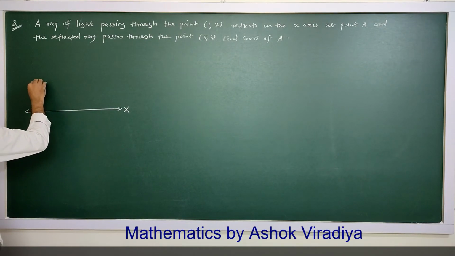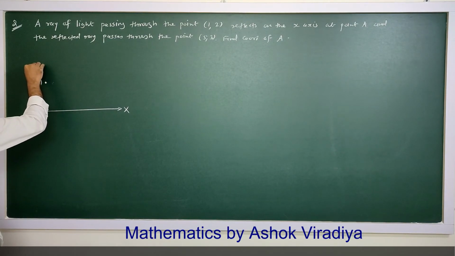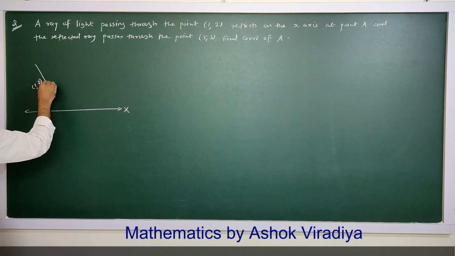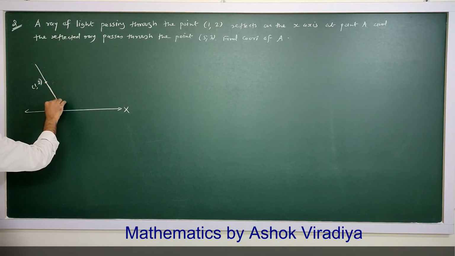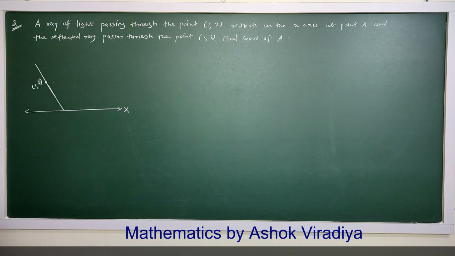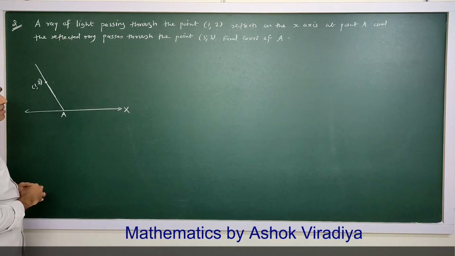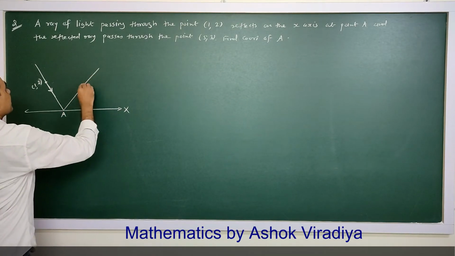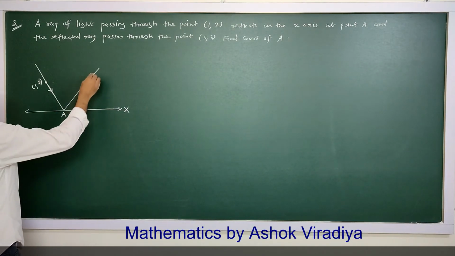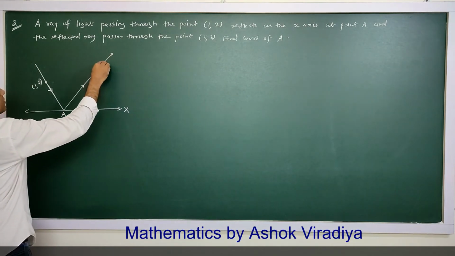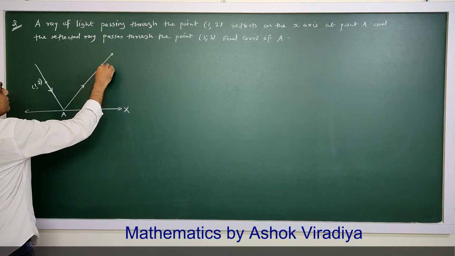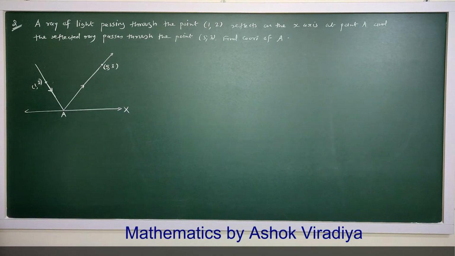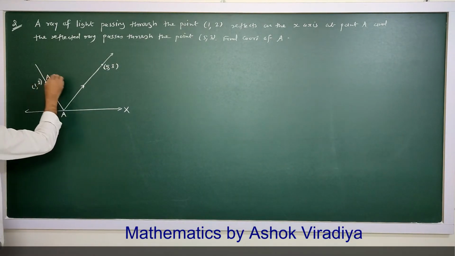The ray of light passing through 1, 2 and coming towards the x-axis reflects on the x-axis at point A, and the reflected ray passes through the point 5, 3. Suppose somewhere here the point is 5, 3. Let me say this point is A, this point is B.